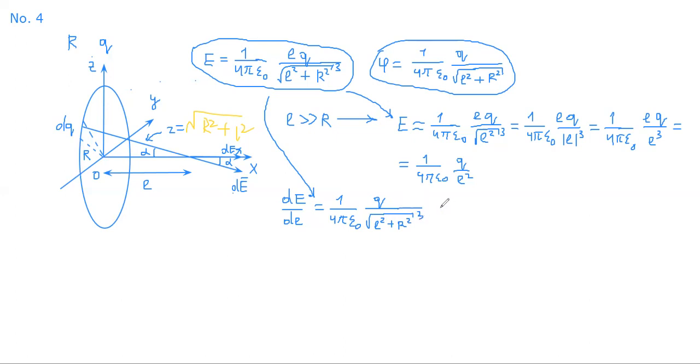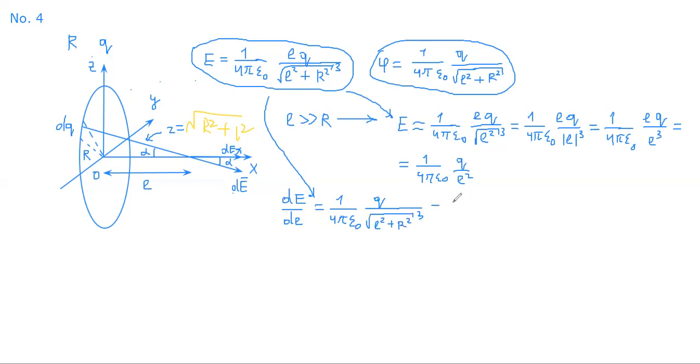The square root to the power of 3 is the same as the power of minus 3 divided by 2.